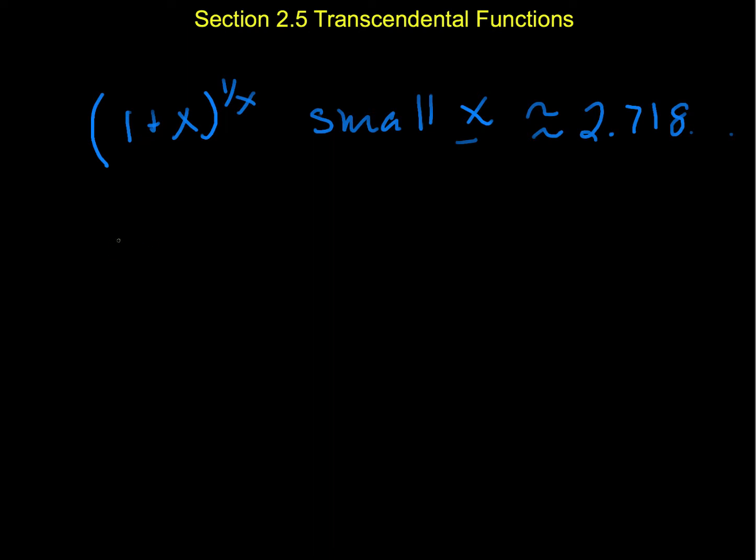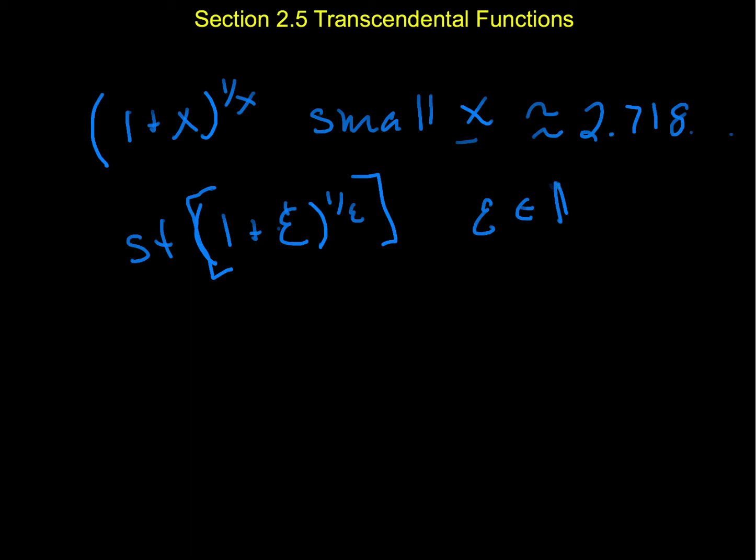And so if we look at the standard part of (1 + epsilon)^(1/epsilon), where I'm putting an infinitesimal in for x, then it seems reasonable that there should be a real number that's infinitely close to this, and we will call that number e, for the natural number, or the Euler number.